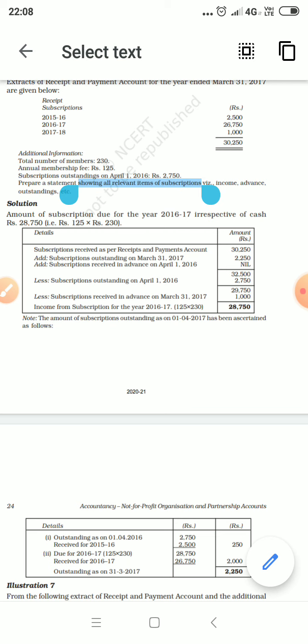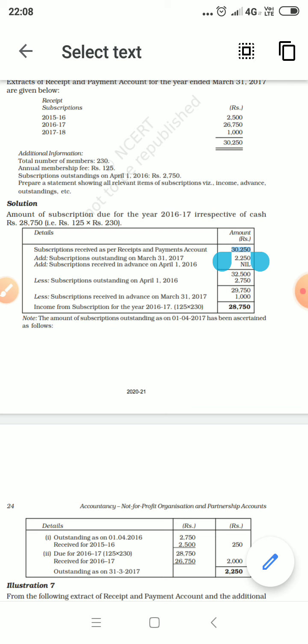Otherwise, what did I tell? 26,750 plus 2,000 is equal to 28,750. Just show this in the income side. That's it. Since in this question all the relevant items are being asked, we have to prepare in a full-fledged manner. So we are taking the total amount of subscription received during the year, 30,250. With this, what is the formula that I said?